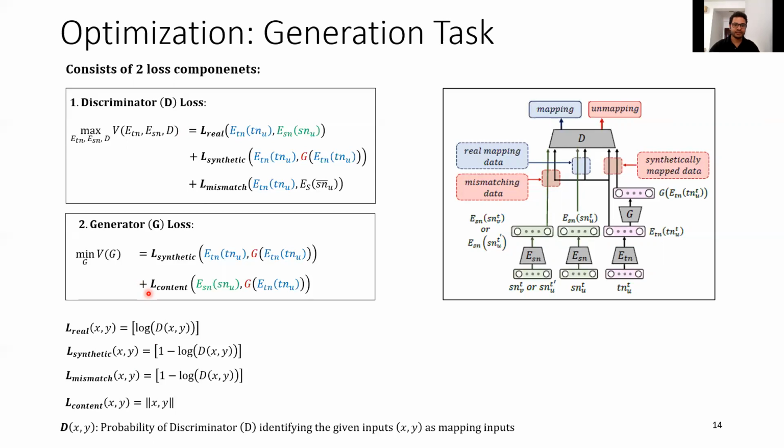Here, although we have the source network embeddings for overlap users, we anyway generate source embeddings for them using the target network embeddings. And the loss function is to minimize the difference between generated versus synthetic source network information. So the overall loss component is a minimax game, which is a combination of both of these loss functions.